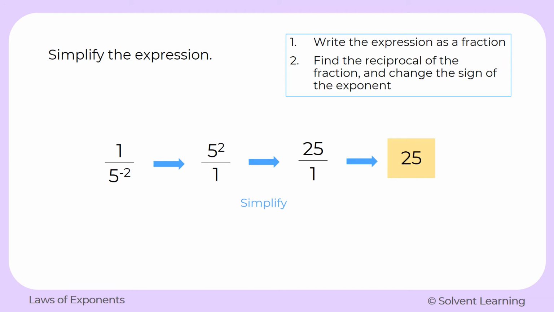So this whole expression actually simplifies to a whole number. So just remember, sometimes you'll be given an expression that is already set up as a fraction. In that case, you just skip to step 2, where you find the reciprocal and change the sign of the exponent.